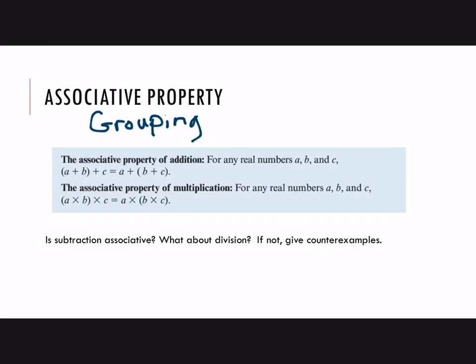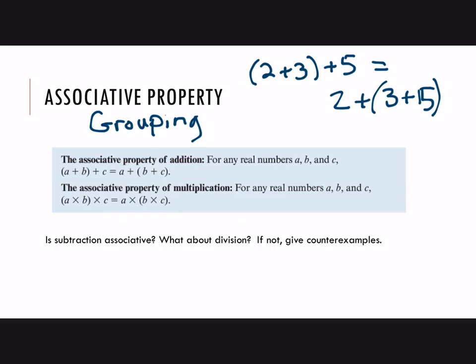So for example, if I add 2 plus 3 first and then add 5, I get the same answer as if I added the 3 plus the 5 first, if I grouped those, and then added the 2. Now notice that the order has not changed. We still see 2 and then 3 and then 5 in that order, but it's the parentheses that have moved. And that shows new grouping.